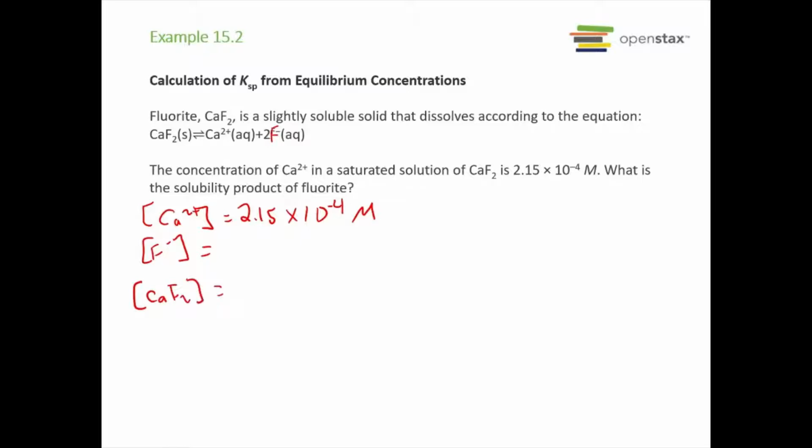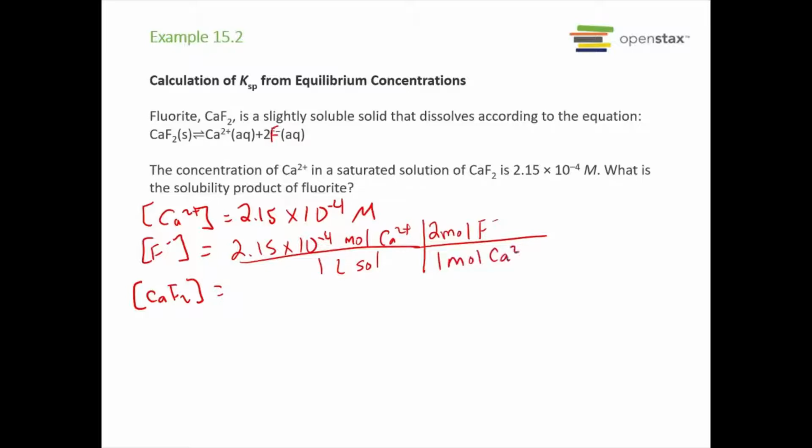And we're going to use our good old friend stoichiometry, because we know that if we have 2.15 times 10 to the negative 4th moles per liter, so this is moles of Ca2+ for every 1 liter of solution, we have 2 moles of fluoride for every 1 mole of calcium.